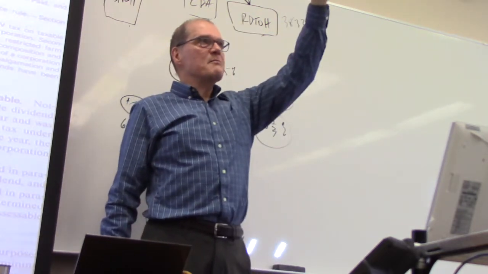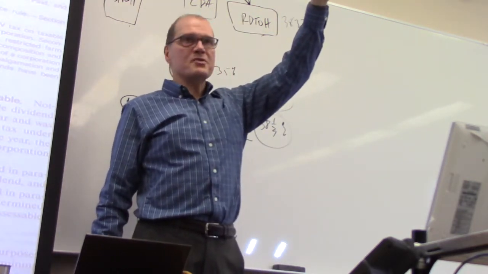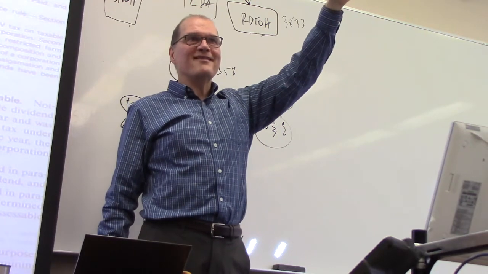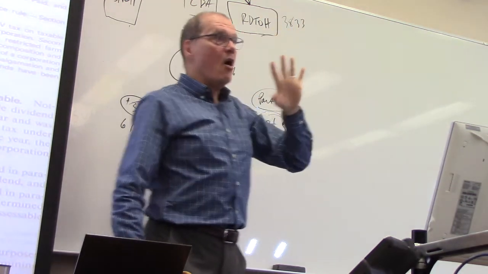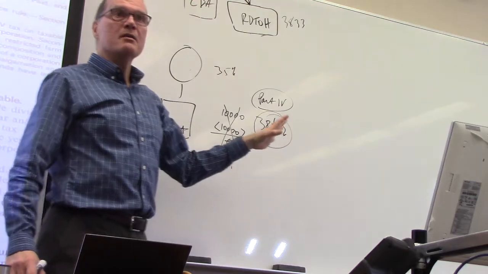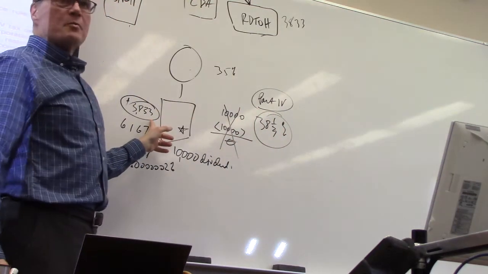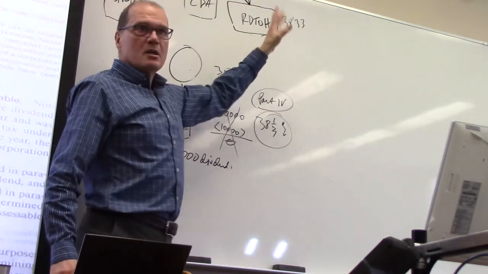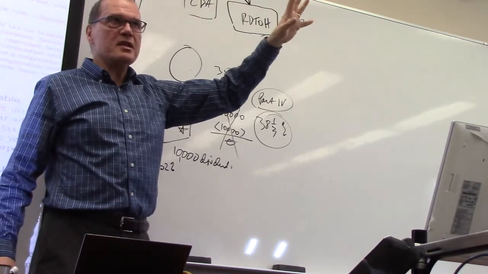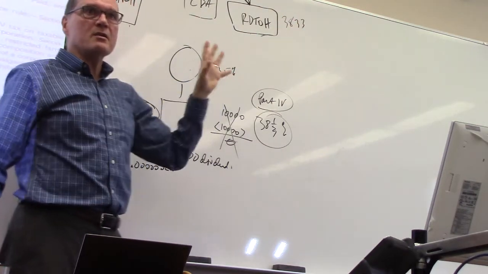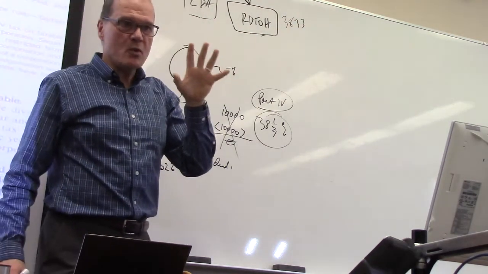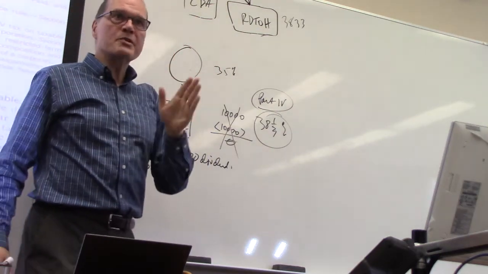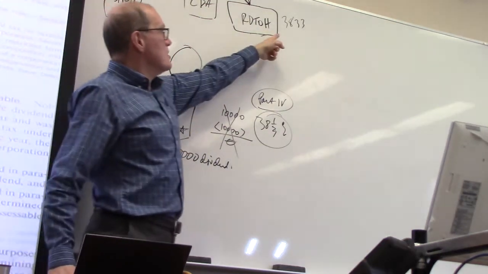SIB income times 30 2/3%. I think I got that one right. And all Part 4 tax paid, 100% of it. Not 30 2/3% of it, not 38 1/3%. 100% of Part 4 tax goes into it.